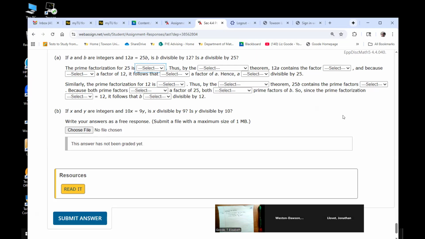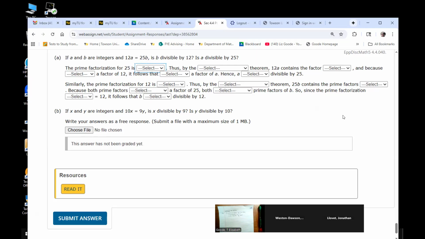In trying to answer this question about the variables, at first I felt like, oh gosh, how do I approach this? But if we say the same thing about the products 12A and 25B as we said about 12 and 25 alone, then I think that's a way to make this comprehensible.